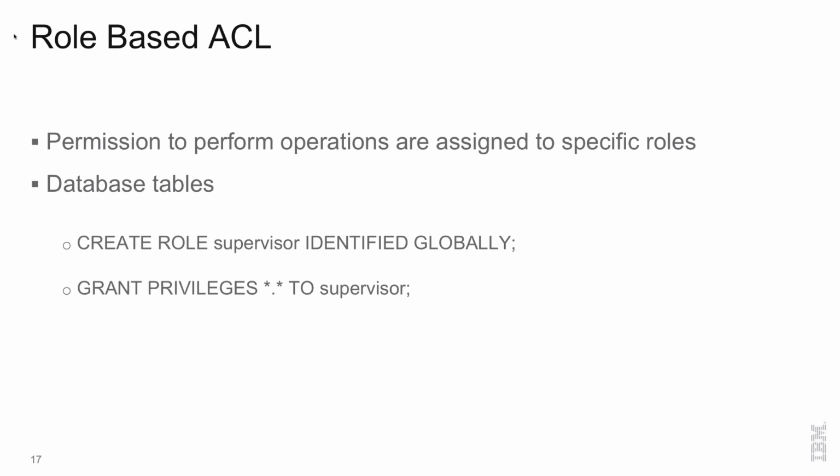This is basically based on the model of relational databases. In a relational database you have role-based access control, and many components are now starting to implement it. Even HDFS has this so-called role-based access control.